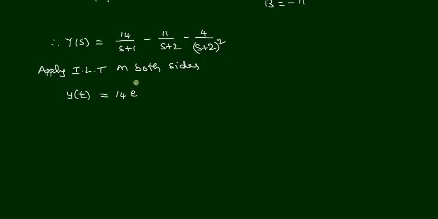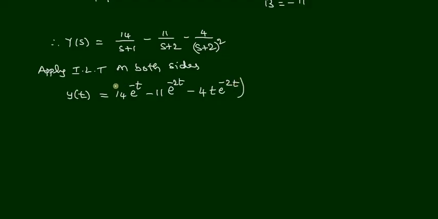So here we have 1, so minus 11 into, again it is 1 by (s + a), so this is e^(-at), so now it is e^(-2t), minus 4 into 1 by (s + a)², so that gives t into e^(-at).